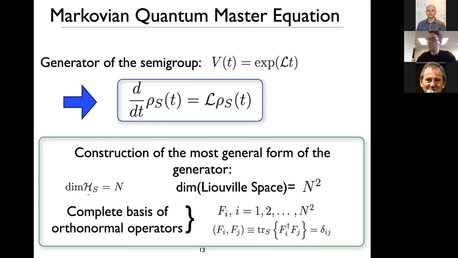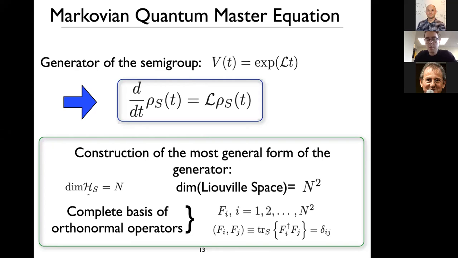So you can introduce an orthonormal basis of operators labeled F_i. For an open system of dimension n, there are n squared basis operators, and these form an orthonormal basis.